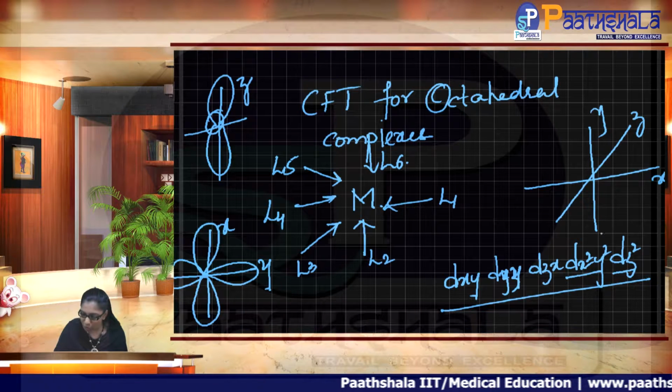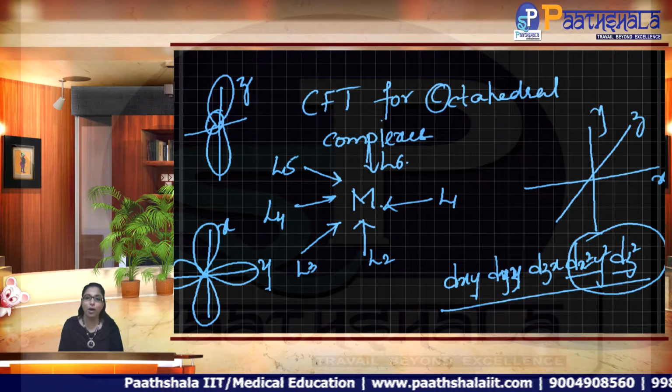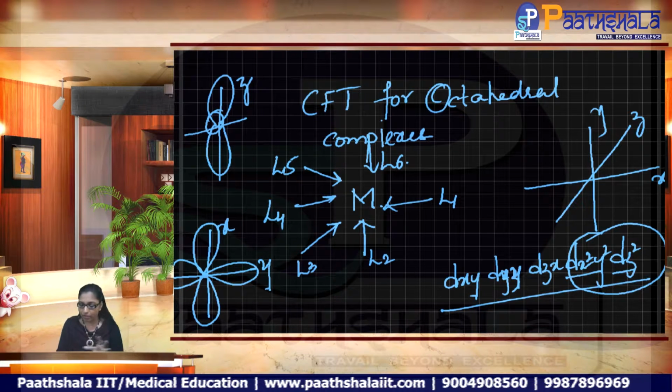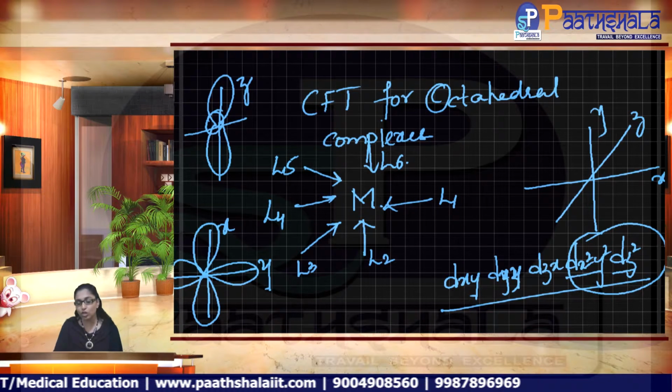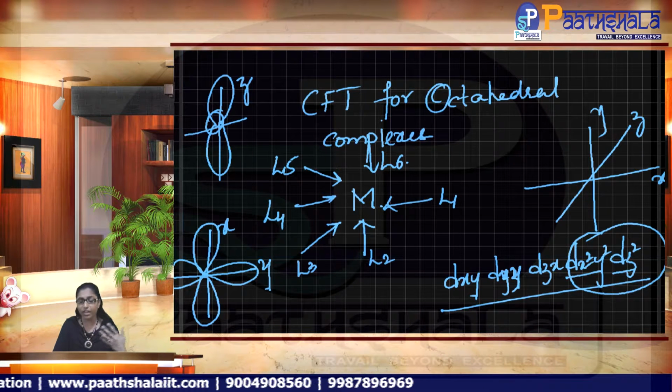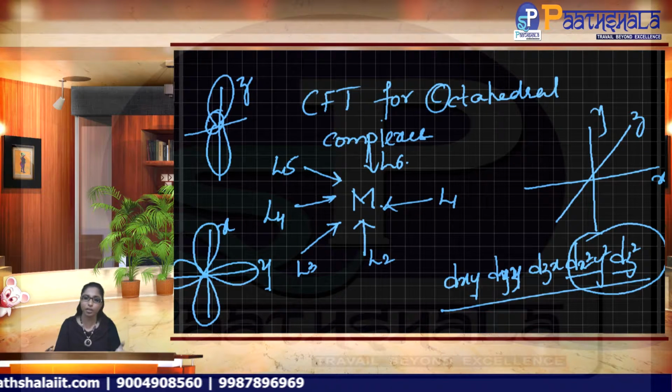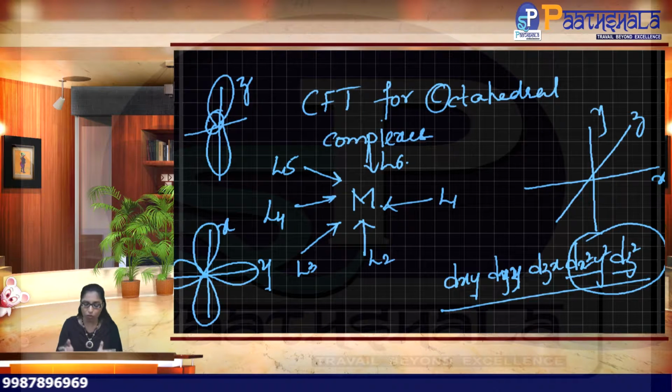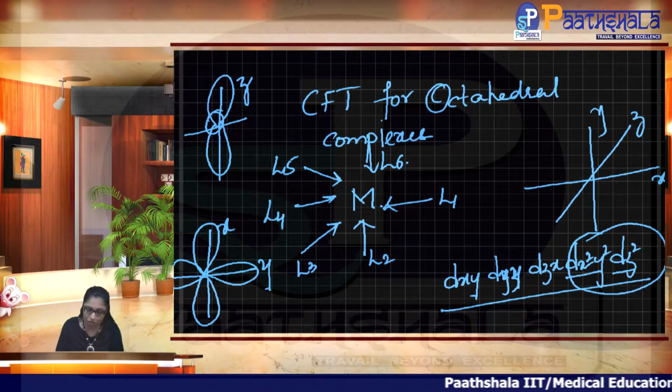Since these two orbitals are oriented along the x, y and z axes, these are the orbitals which are going to be the most affected in this process of ligands approaching the metal atom according to the crystal field theory, because here we are treating everything as point charges.